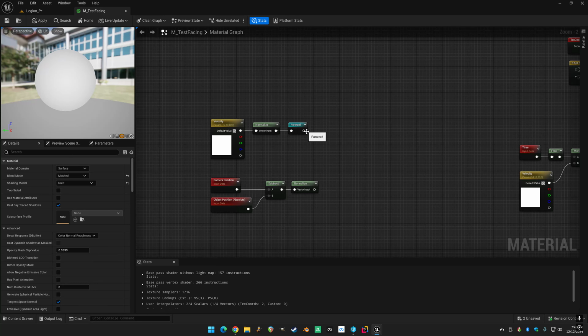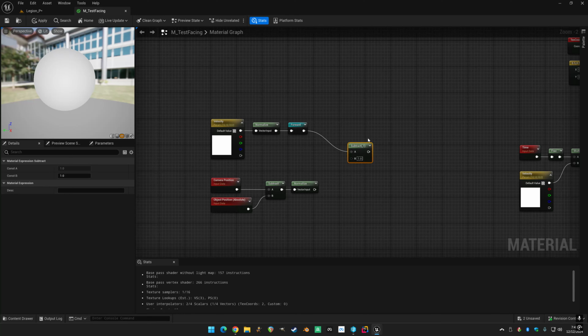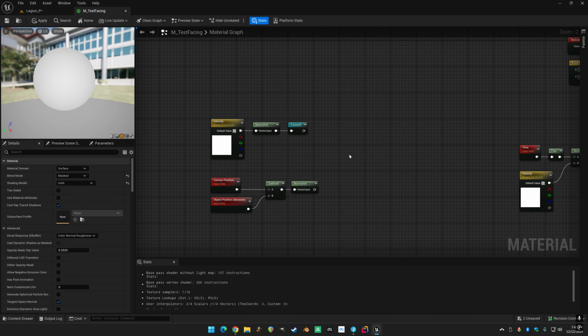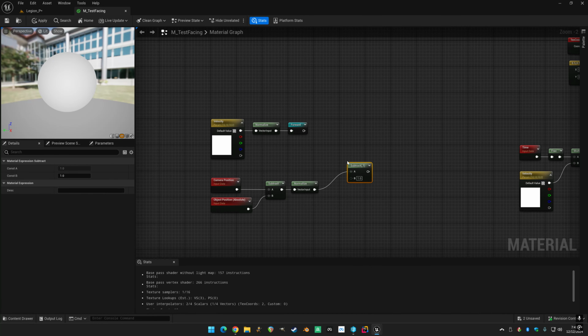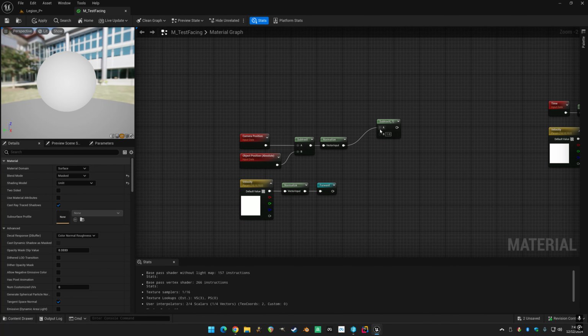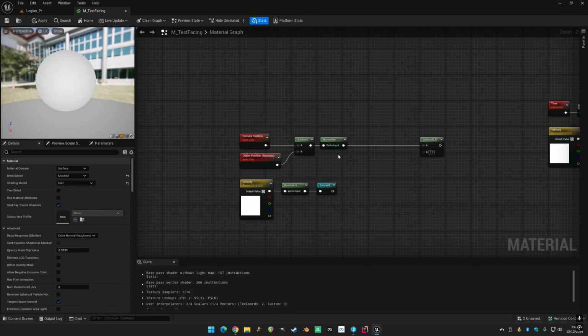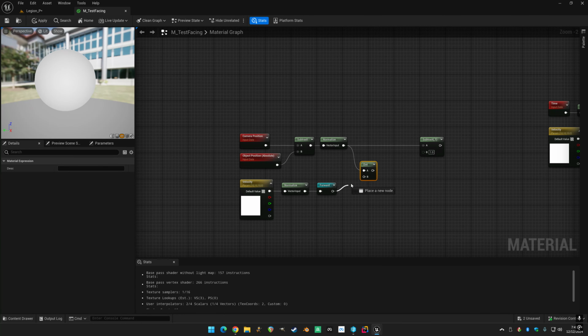So to do that, we take the forward vector and we subtract from it. Wait, no. Reverse. We take the vector that we want to project, and we subtract from it the dot product of these two vectors.